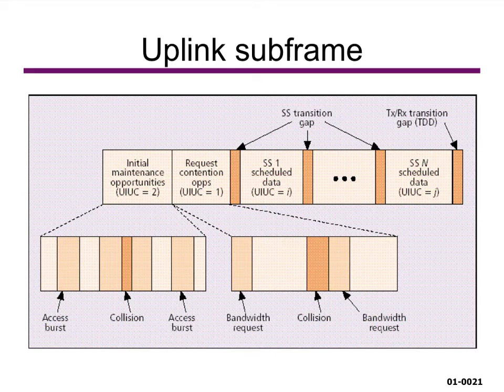Okay, so this is used for measurements, and after that the base station will have some information about the best way to assign the time slots in the next frame for these particular nodes. Okay, so initial maintenance opportunities is for sensing what the nodes require. So it's an implicit or indirect way for the base station to get some information from the nodes.